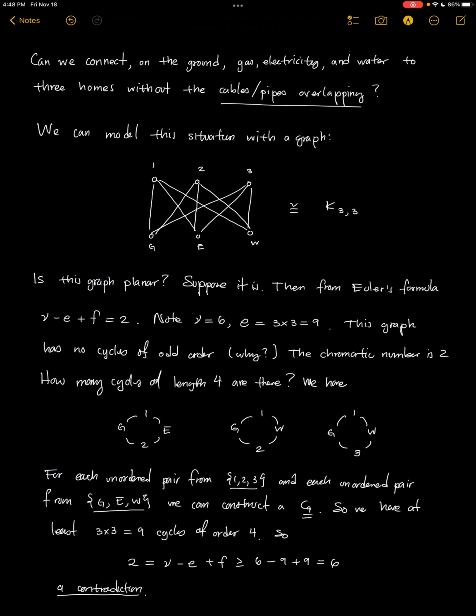So we backtrack in our assumptions, and the only time that we make an assumption that we cannot support is when we suppose that the graph is planar. So the only logical conclusion is that the graph is not planar. So in fact, we cannot connect electricity, gas, and water to 3 homes without the cables or the pipes overlapping.